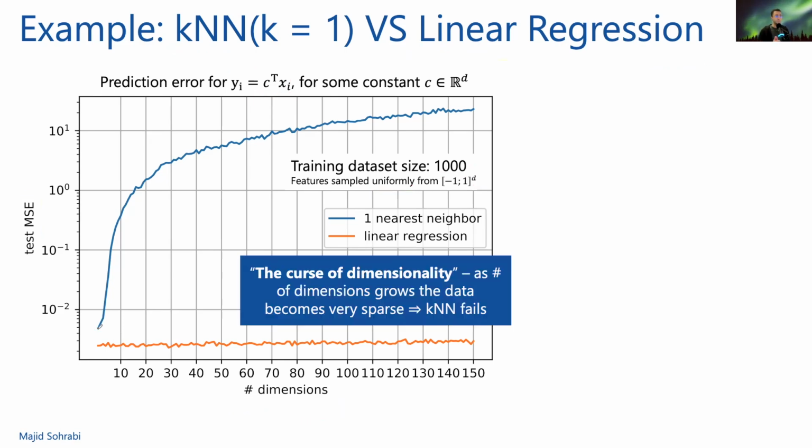This is basically the meaning of the curse of dimensionality. As the number of dimensions grows, the data becomes more sparse, so KNN fails in this regard, which is really understandable.